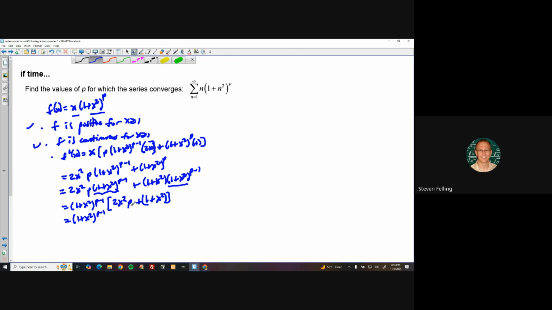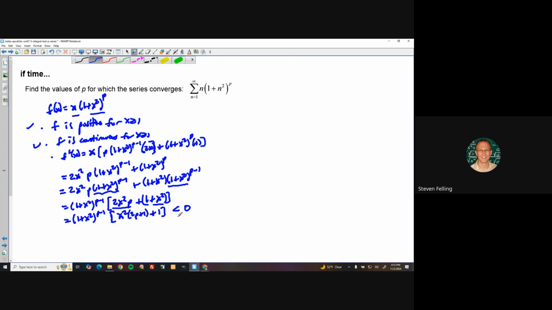This is 2x squared p. This is an x squared term, and that's an x squared term. So this is times x squared times (2p plus 1) plus a 1. All right, so if we need all of that to be less than 0, what would need to be true?